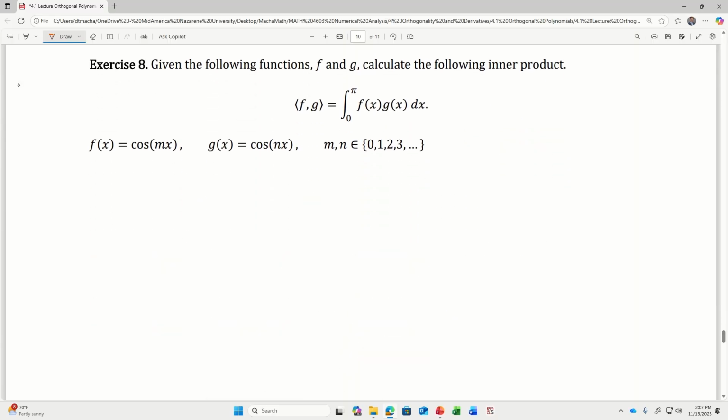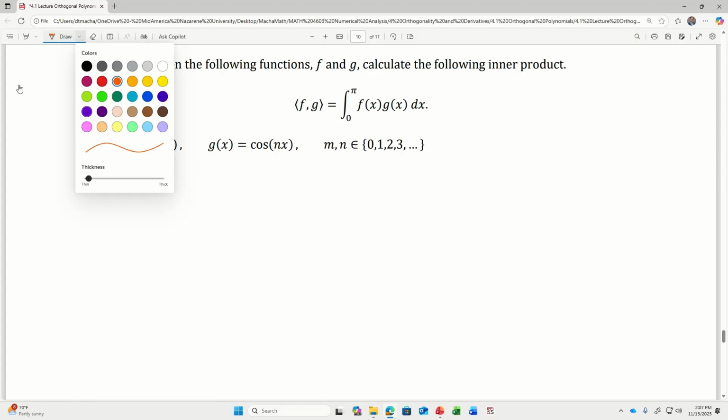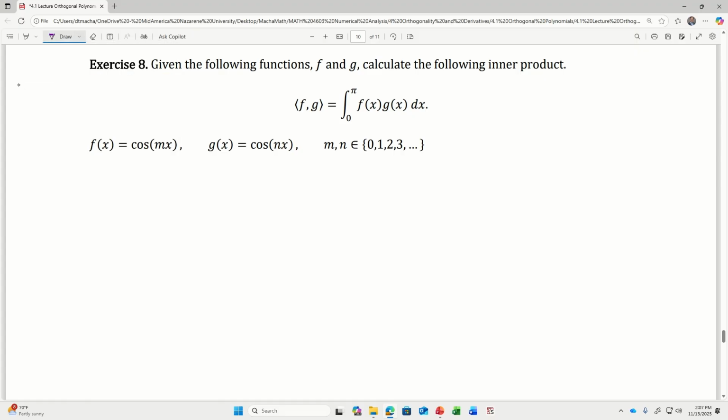Now, we were talking about this last time. And I kind of got stumped. This was the cliffhanger we left on. And so here we are. We're doing the inner product of cosine mx and cosine nx.